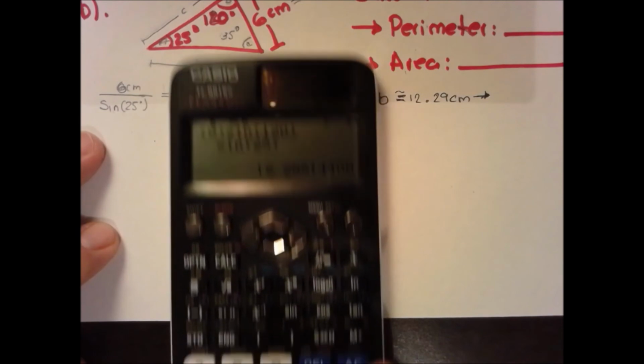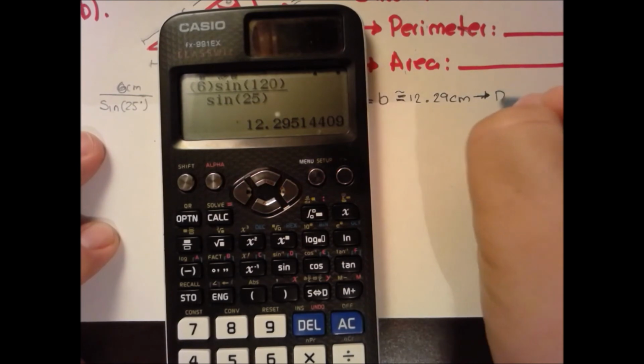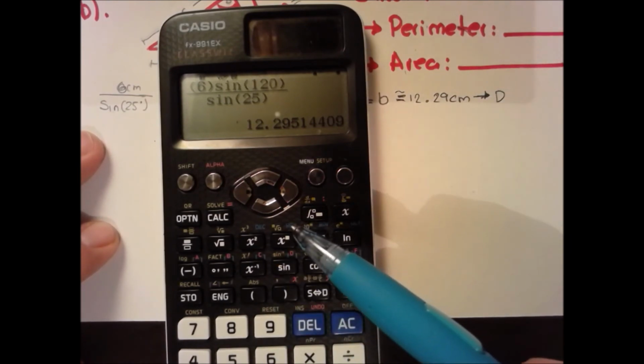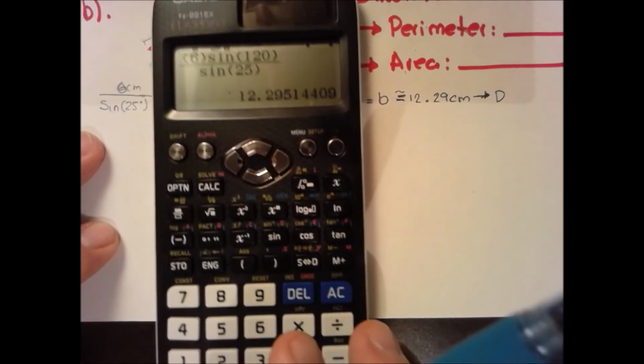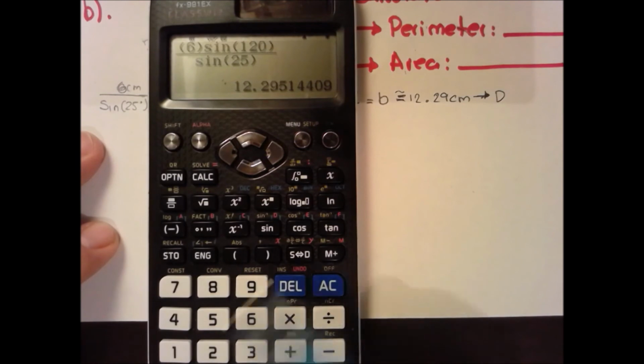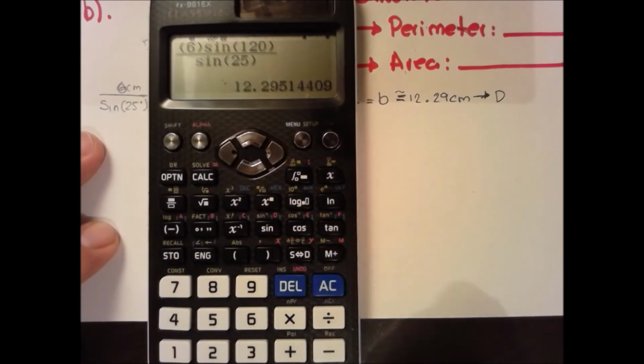Okay, and I'm going to store it in one letter. I'm not going to use A, B, or C because I don't want you to be confused, so I'm going to use D. Remember, we used D in the last example, but it doesn't matter. If you select D another time, the only thing that is going to happen is that this number is going to replace the other value that you have.